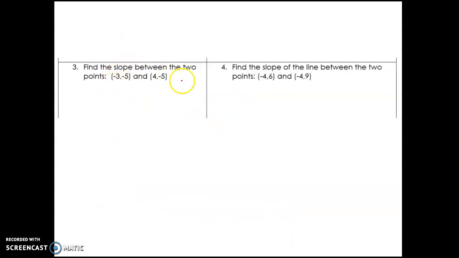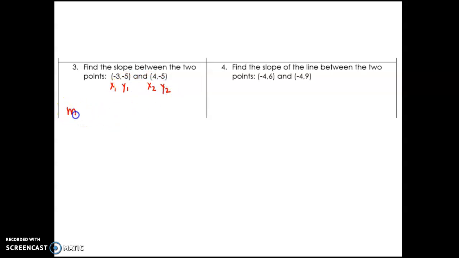Okay, 2 more examples. Negative 3, negative 5, and 4, negative 5. So my first x, my first y, second x, and second y.